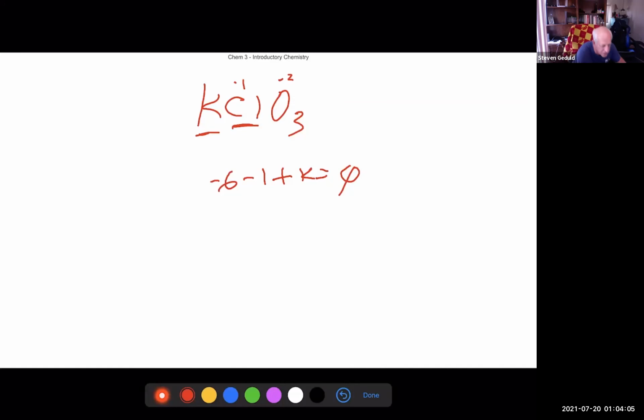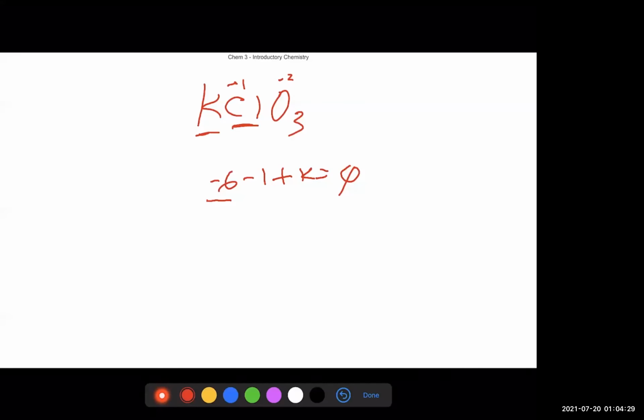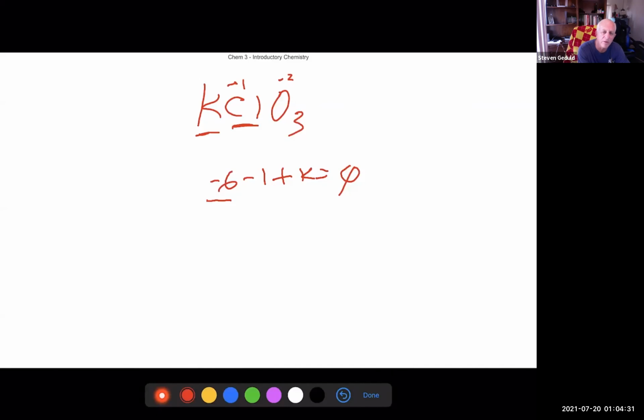All right, so you know oxygen's -2. Yes. And chlorine is -1. Now you solve for potassium. You don't know what potassium is. So you got a -6 charge for the 3 oxygens, right? There's three -2 charges. Right, but there's 3 of them.